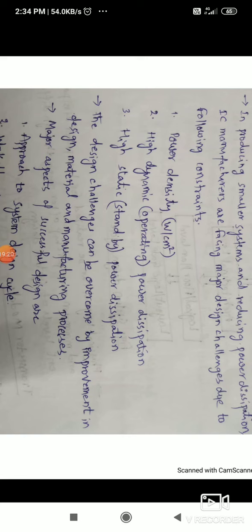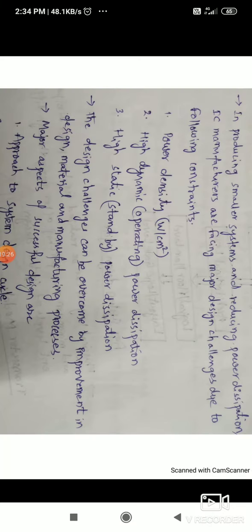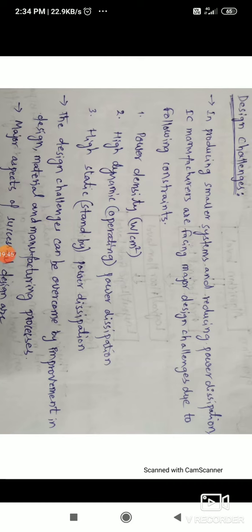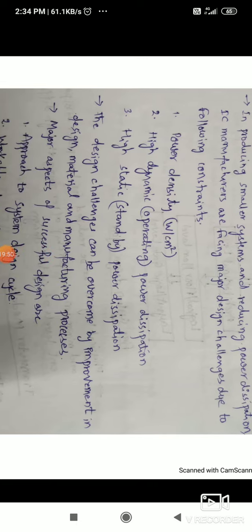Dynamic power dissipation means how much power is dissipated while the IC is operating, and static power dissipation is how much power is consumed during standby mode. These are all the design challenges for IC manufacturers.